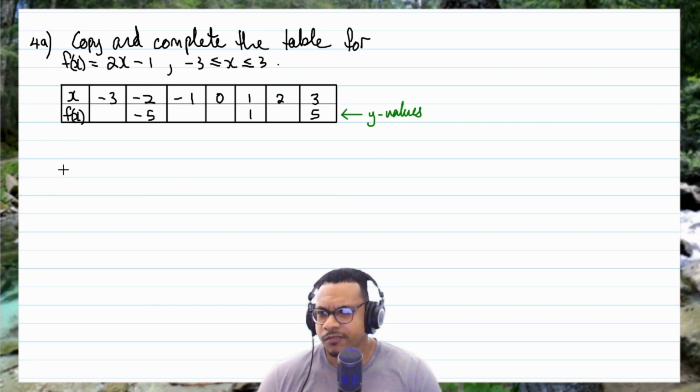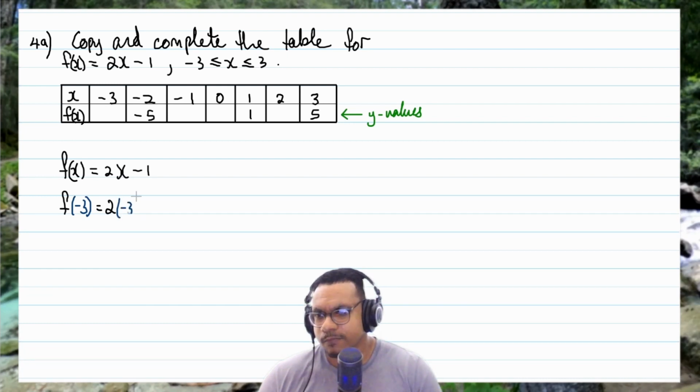So first I'll write my function f of x is equal to 2x take away 1. And now my first x value is negative 3. So I'll be replacing the x here with negative 3. So I'll have f of negative 3 is equal to 2 times negative 3 take away 1.